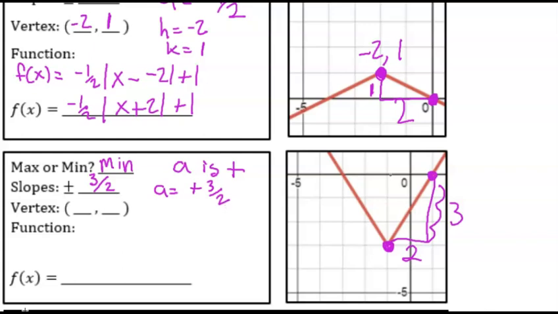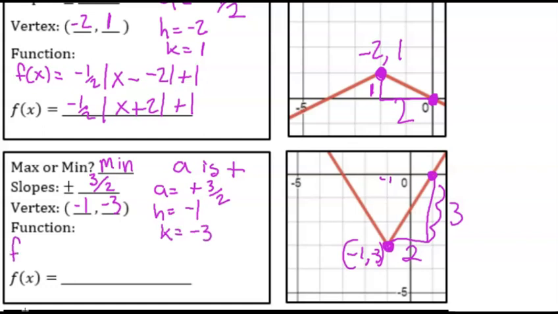Our vertex coordinate point is -1, -3. So our H is -1 and our K is -3.